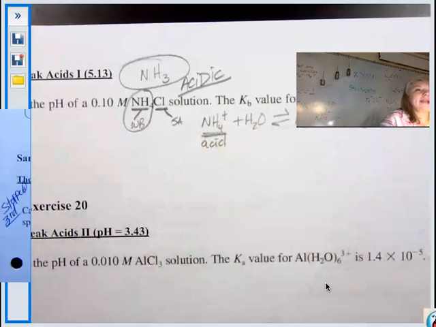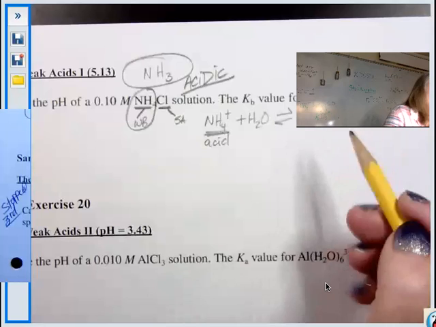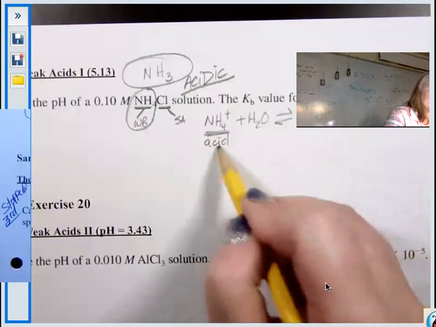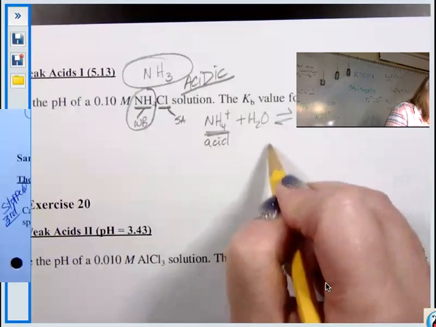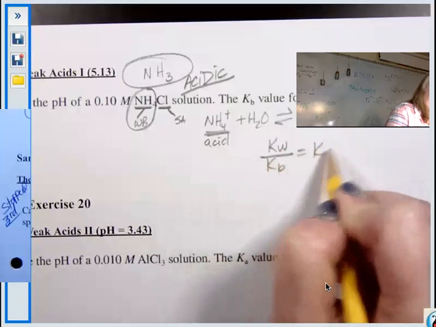So do we need the Kb or do we need a Ka? We got to have a Ka. Whatever it's acting as, that's what you need. Okay, they gave us a Kb. Great. That's good. I mean, we can find Ka from that. But this was acting as an acid. So Kw divided by Kb will give us our Ka for that.